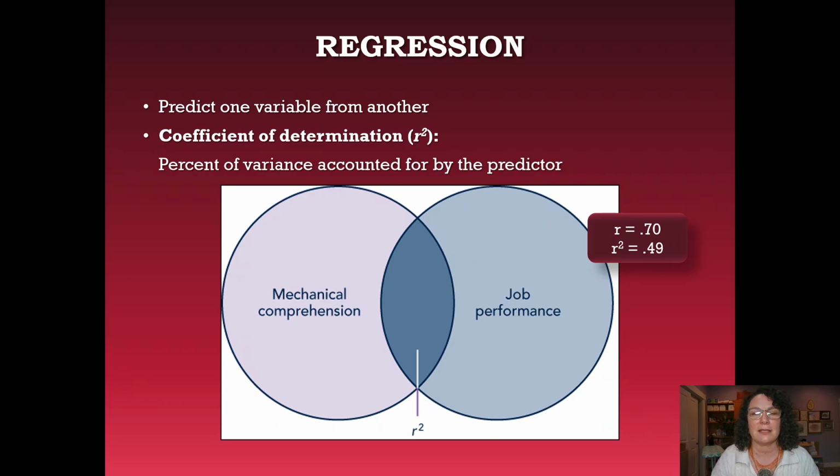That means that 16% of the variability in one variable is being accounted for by the other variable. That's not very much. So even a 0.7 correlation coefficient comes out to be only about half of the individual differences on job performance being accounted for by mechanical comprehension. That leaves a lot of room for a lot of other things to be playing a role.